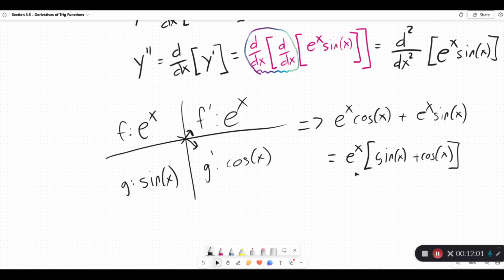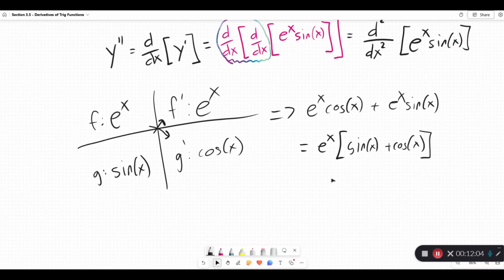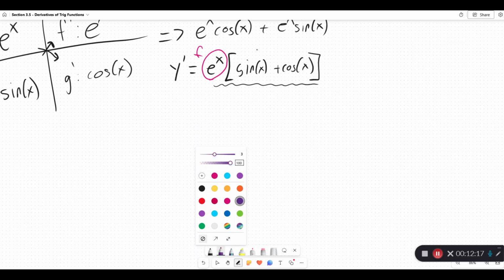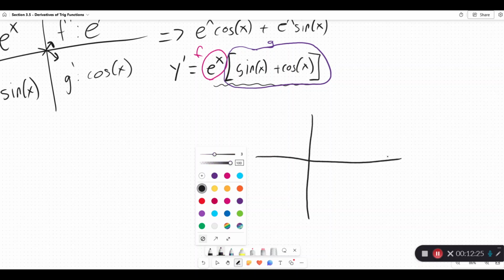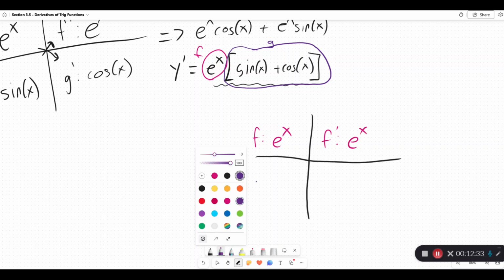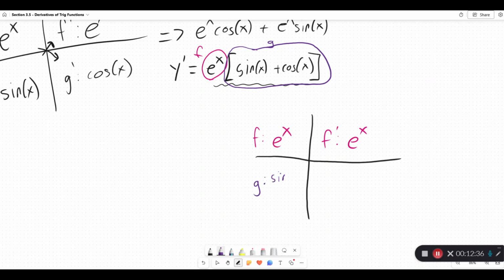And that's just because now, to find the second derivative, this is y prime. To find the second derivative, I need to take an additional derivative of this term. So, once again, I'm going to label f. And now, this term entirely is g. We're going to get our table going. We have f is e to the x, of course, f prime, e to the x, versus now g, sine of x plus cosine x.